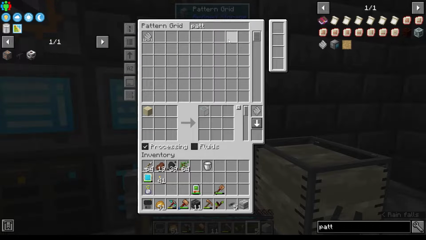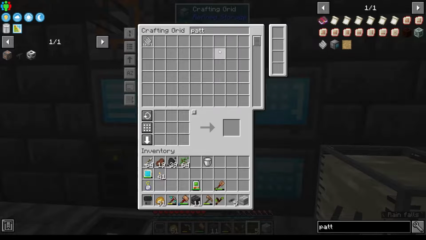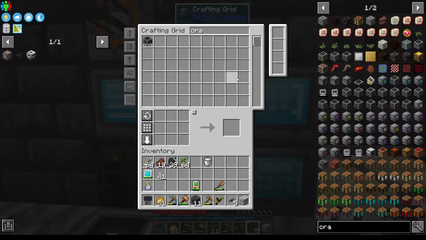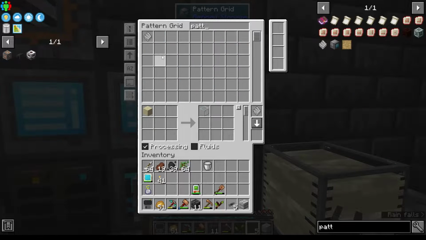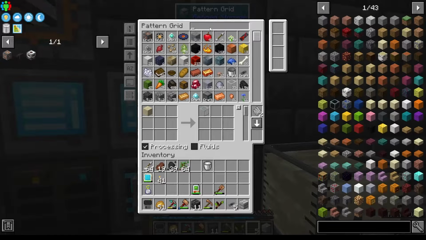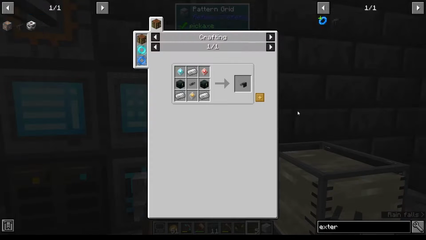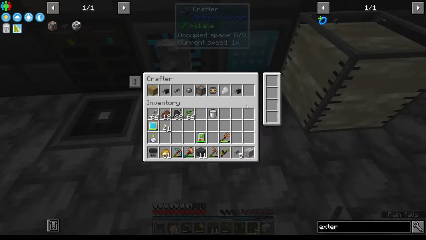And then what else are we going to do? We're going to need another crafter, I think. So let's build one of those. And we need to make an external storage. So there we go. That is all of those. So we can make external storages.